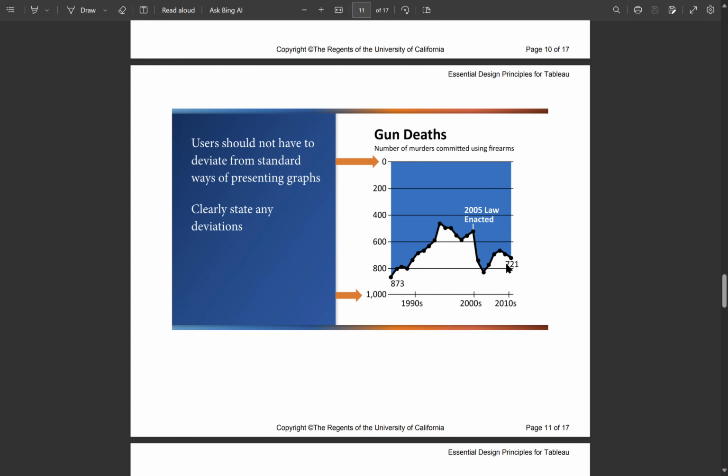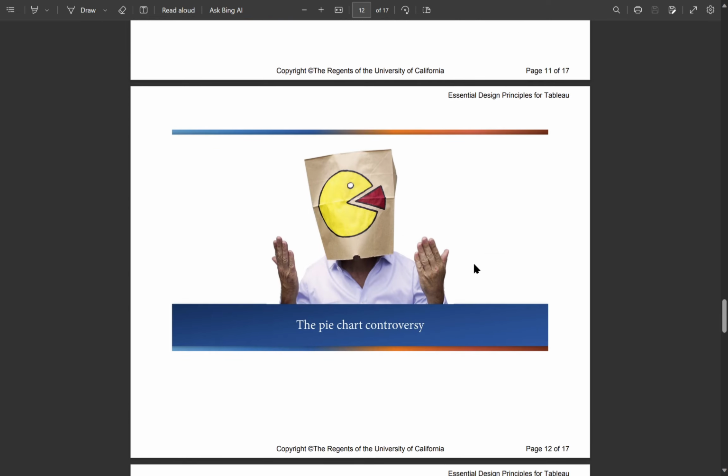Moving to the next slide, let's talk about the pie chart. Let's change our track and talk about the pie chart. The pie chart is very controversial in the inner circle of data visualization, and we'll talk about the best practices of using a pie chart now.